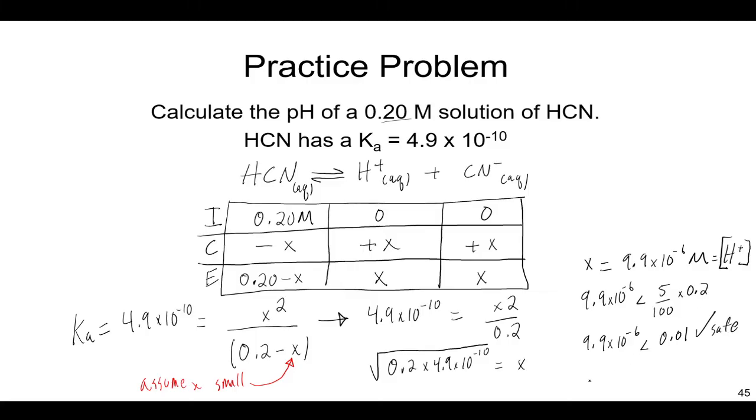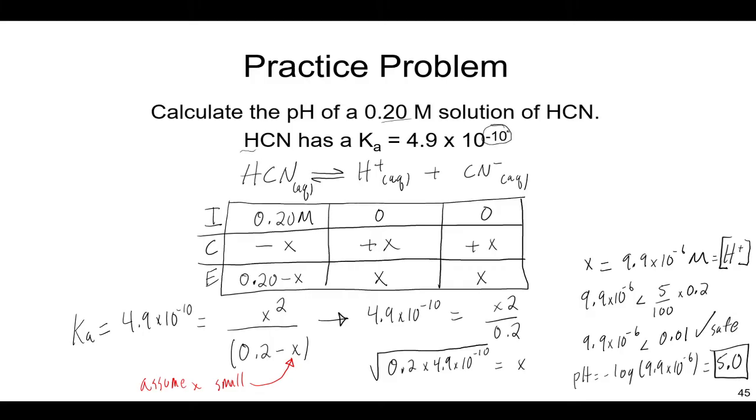And so to get the pH, I just do negative log of this H plus concentration. And so here that will be 5.0. Now, this is an acid, but it's a very weak acid.